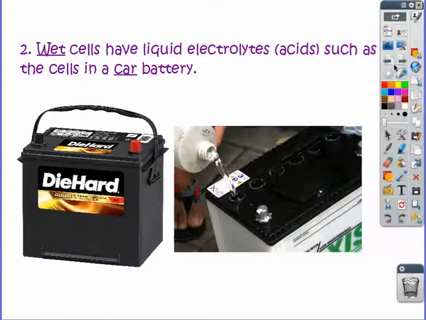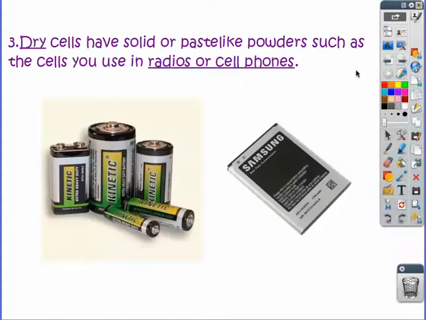That's clearly a no-no. Now, most of the cells that you use on a day-to-day basis are actually dry cells, where they have a paste inside instead of a liquid. That's really the difference. A dry cell has a dry material inside, like a paste or a powder, where a wet cell has a liquid inside, typically sulfuric acid.